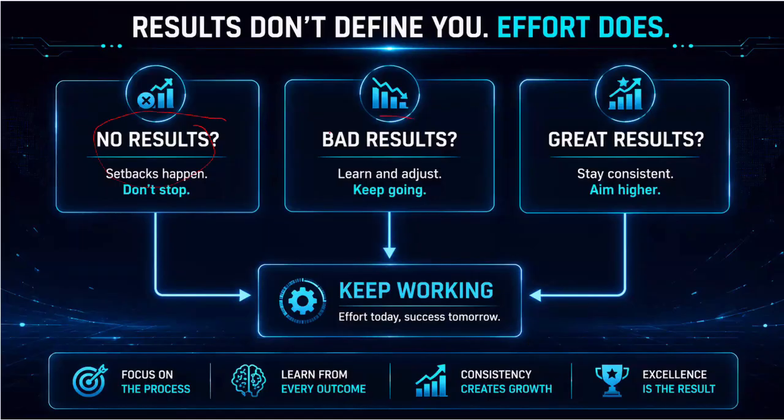If you have bad results, don't get discouraged. Analyze what went wrong, learn from your mistakes, make improvements, and keep moving forward. And even if you get great results, don't become complacent. Celebrate your success, but continue learning and growing because there is always another level to achieve.